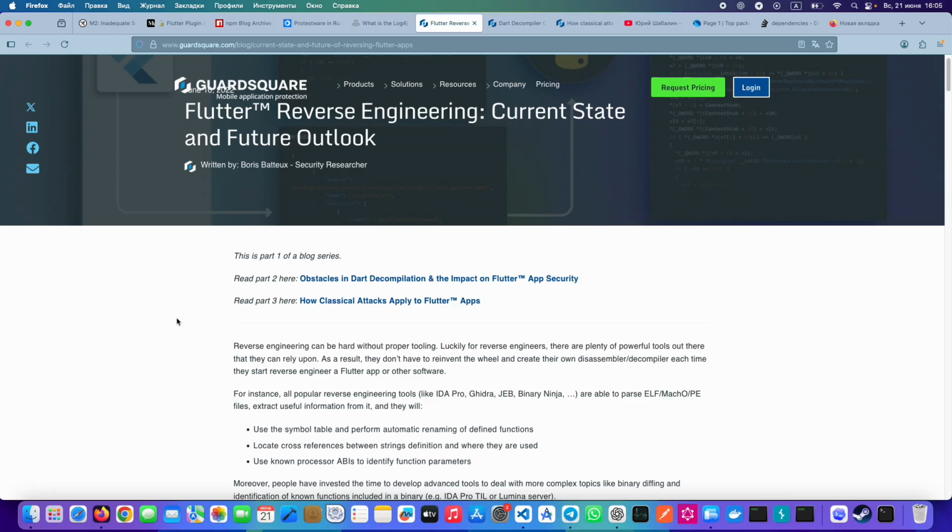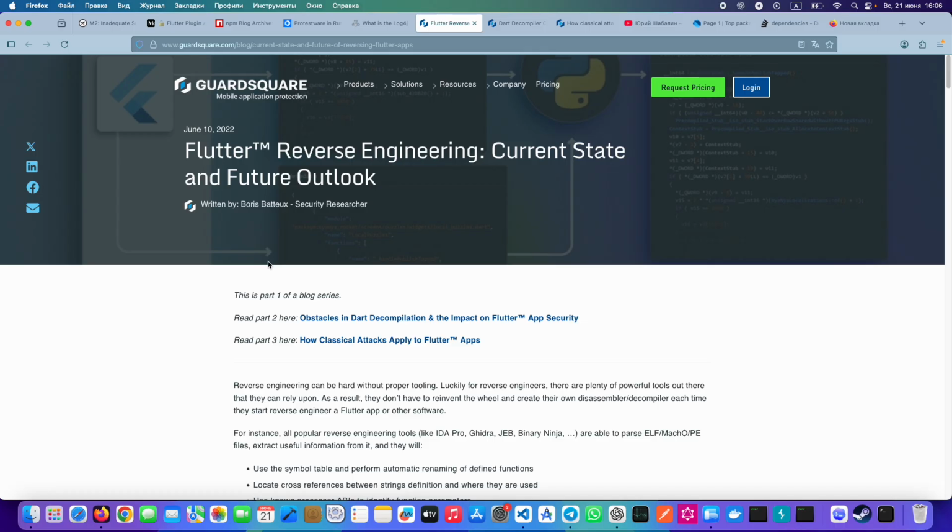So back in the days, Flutter had the Dart virtual machine. If you ever read about what a virtual machine has inside, it has a garbage collector.